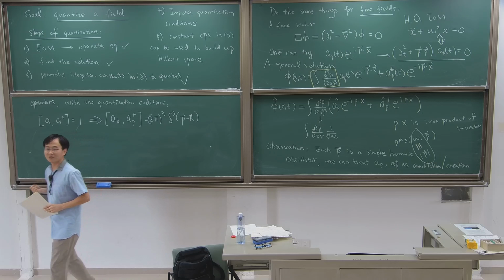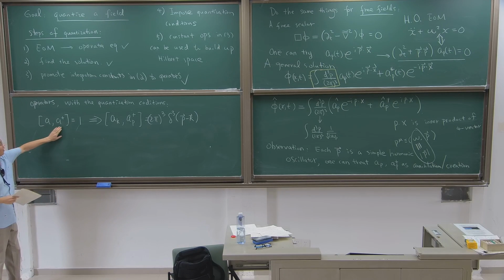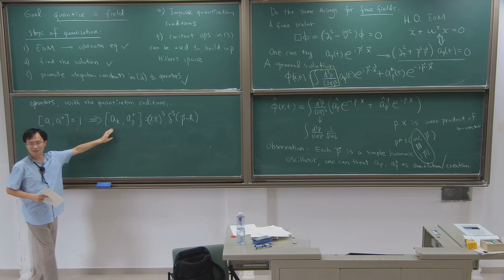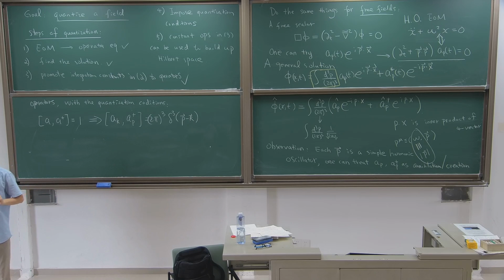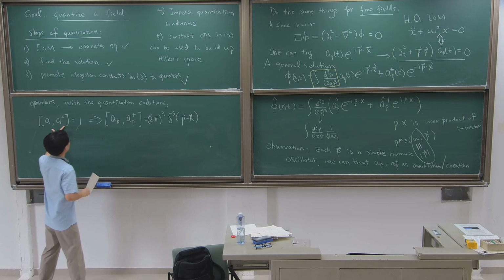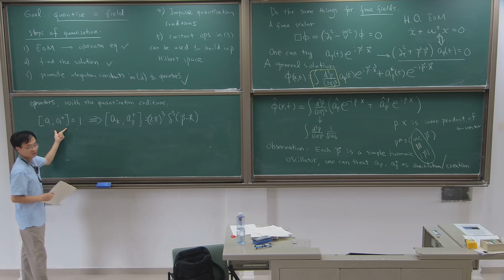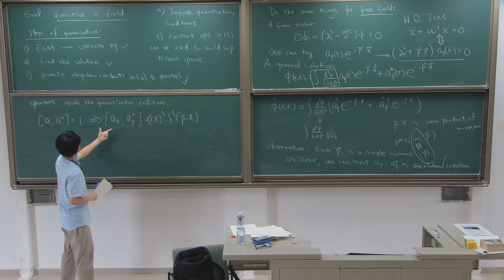This will be the analog of the a, a dagger commutation relation in this momentum space. We already saw it for each p, different p, with the harmonic oscillator. Now the only thing we need to do is make it a more general form. The general form looks like this.